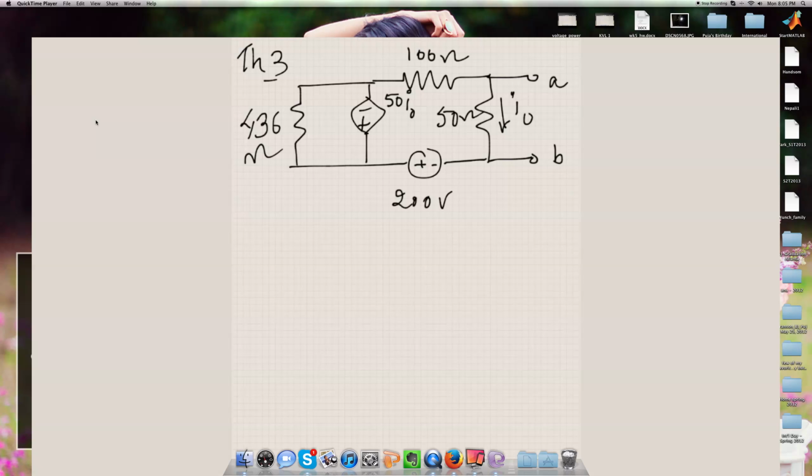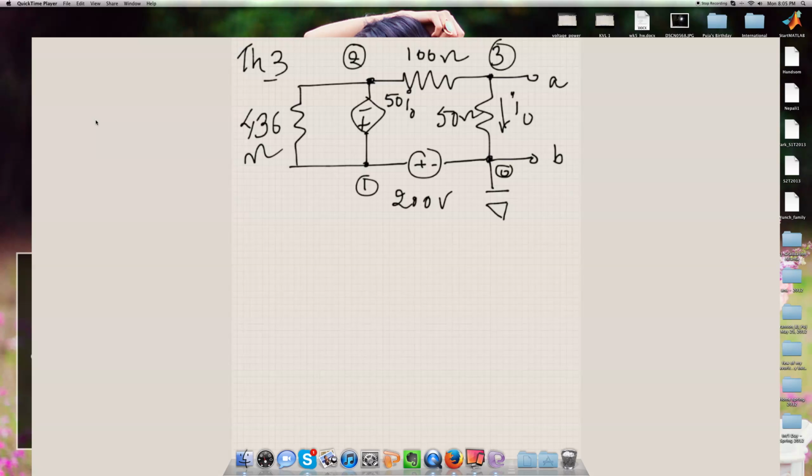Let's go ahead and write it out. This is the ground terminal right here. And this is node number 1. This is node number 2. Okay. This is node number 3 as given.